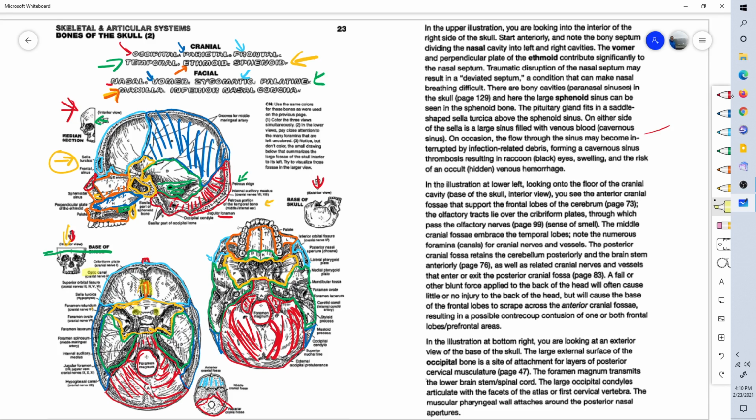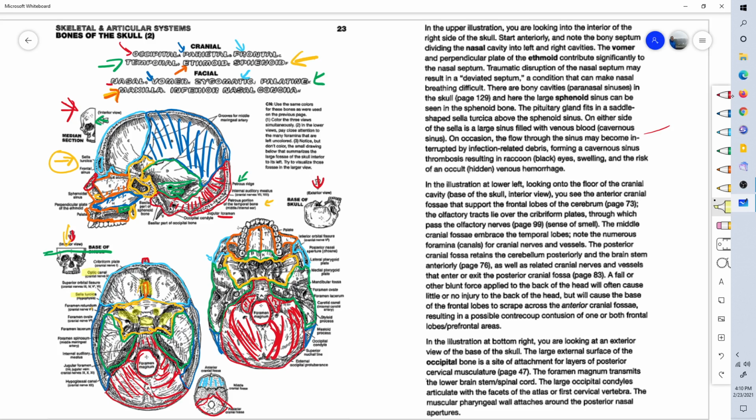For eyesight, the superior orbital fissure in this area for cranial nerves 3, 4, 5, and 6. Sella turcica, which we discussed as the place where the pituitary gland rests.